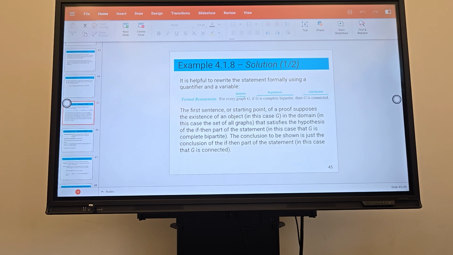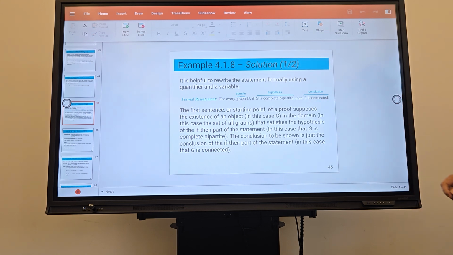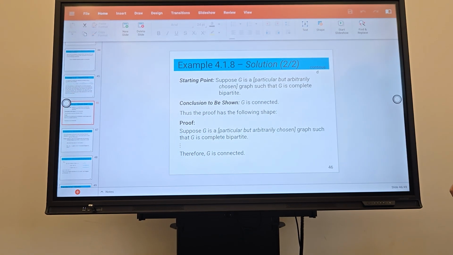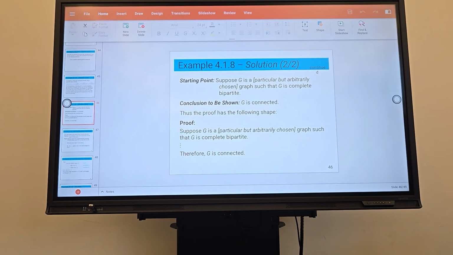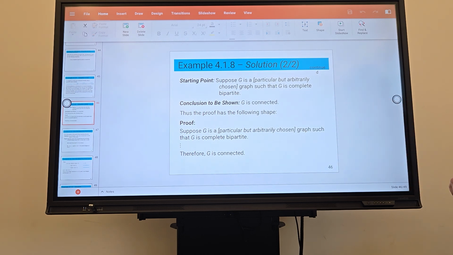The conclusion is just the conclusion of the if-then part of the statement. So the conclusion would be G is connected. So suppose G is a graph such that G is complete bipartite, and show G is connected. So the proof would start this way and end this way.